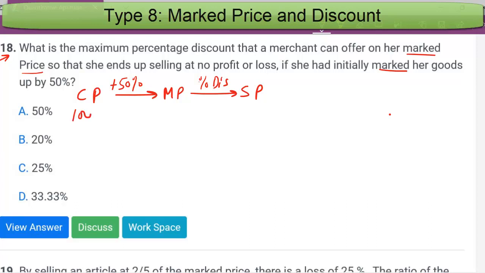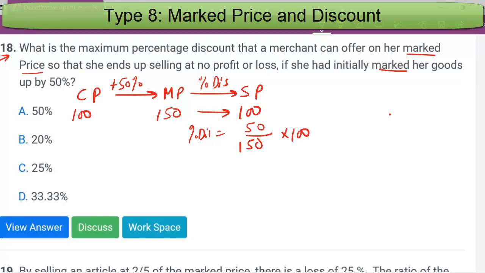So if I start with cost price as 100, this markup price is definitely 150, 50% above this cost price, and you have to calculate what should be the discount such that this selling price is again 100. Okay, so the percentage discount should be this discount, which is 50, on which markup price, that means 150, multiplied by 100.